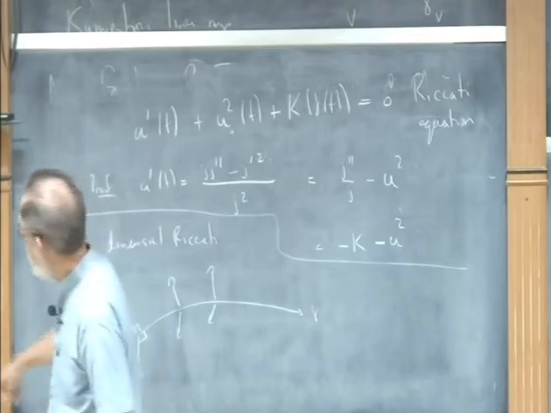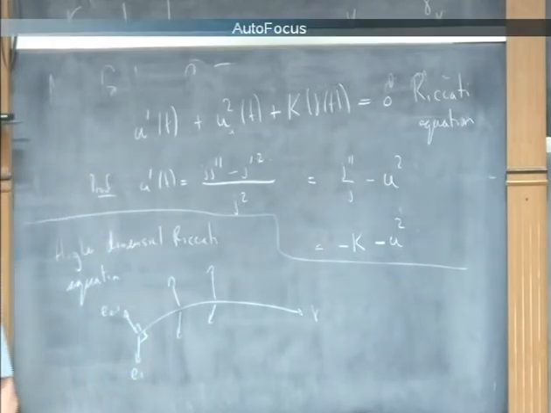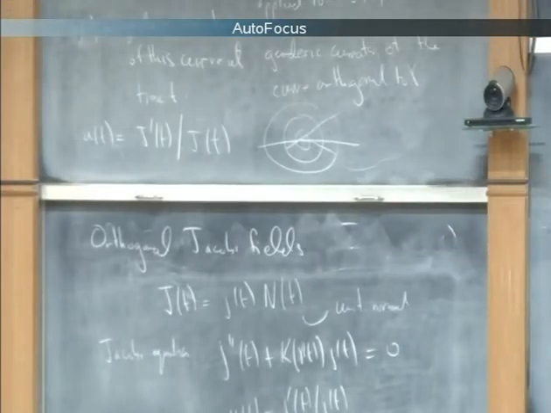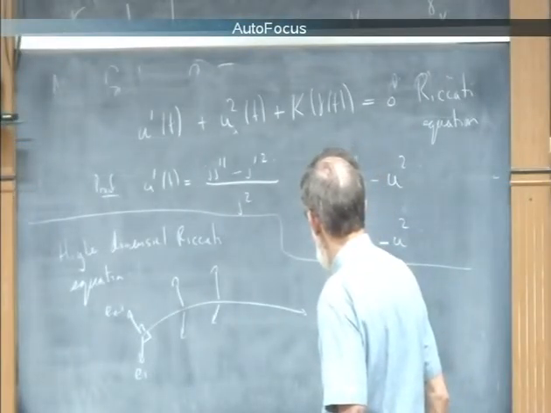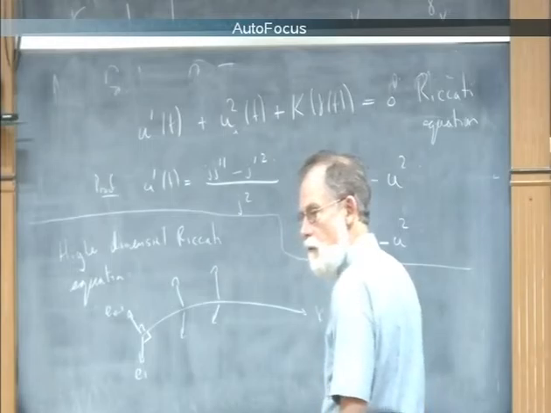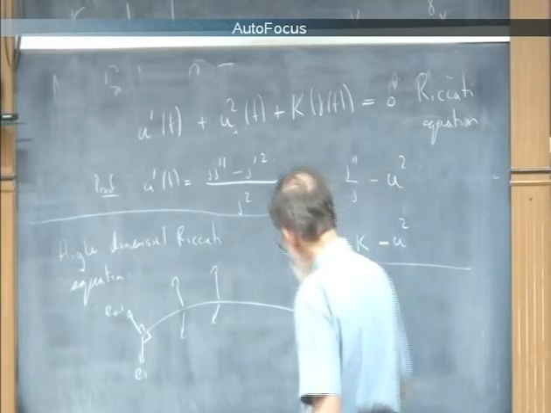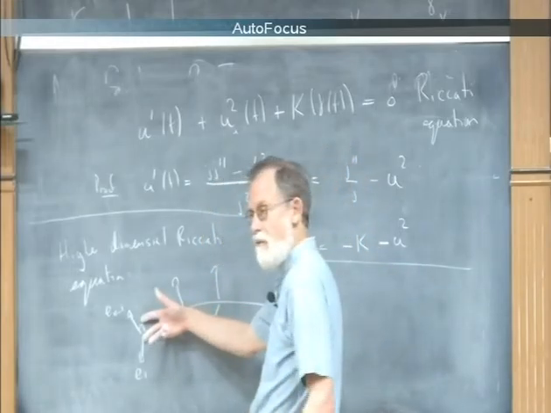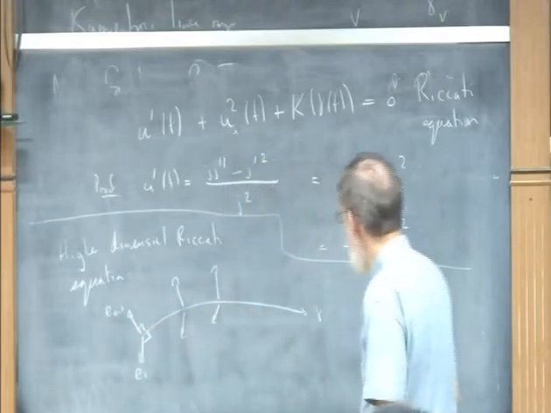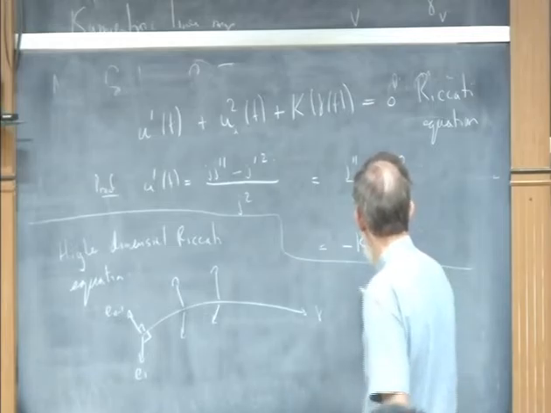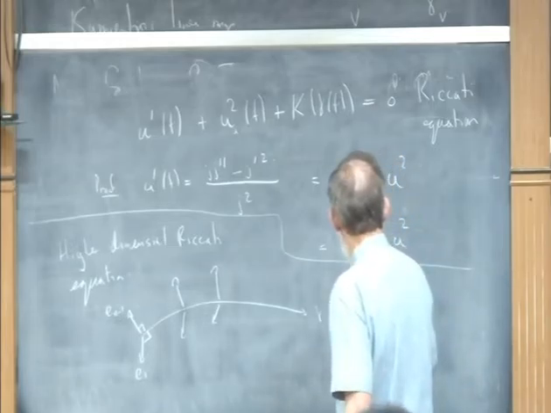That's actually what En was in the discussion about surfaces. And then you use coordinates based on this, and you think about the matrix U of t.